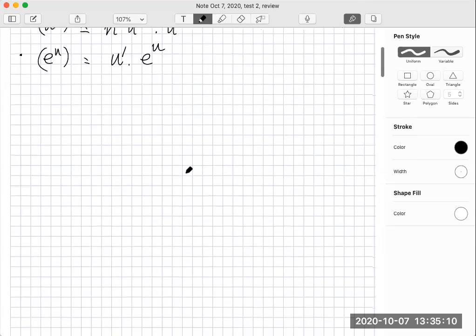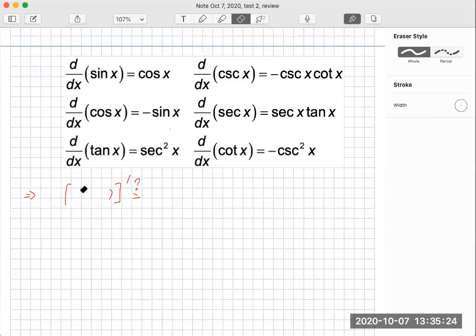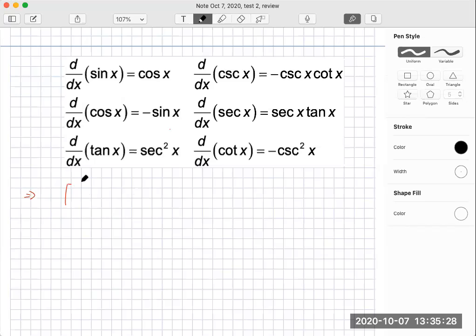Very good. And these are derivatives of trig functions, okay? The derivative of sine gives us cosine. So let us do it slowly. Now we need to compute the derivative of sine of a function of u, where we assume that u is a function of x.